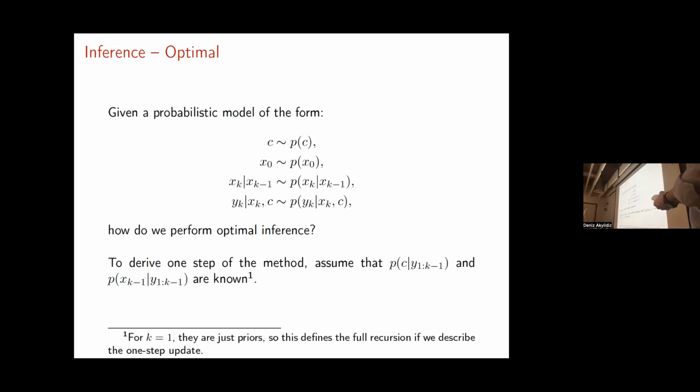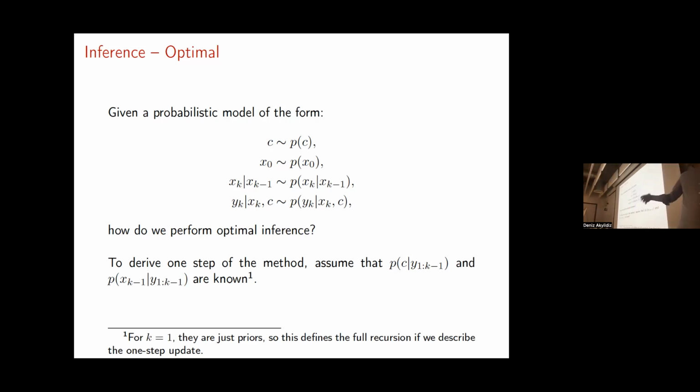In general, this is a general way to look at these things. If you want to derive an exact inference recursion, you derive one step of it. If you are given these distributions and you figure out how to update them into p of xk given y1 to k, then you actually know everything, because if k is 1, this corresponds to the prior.